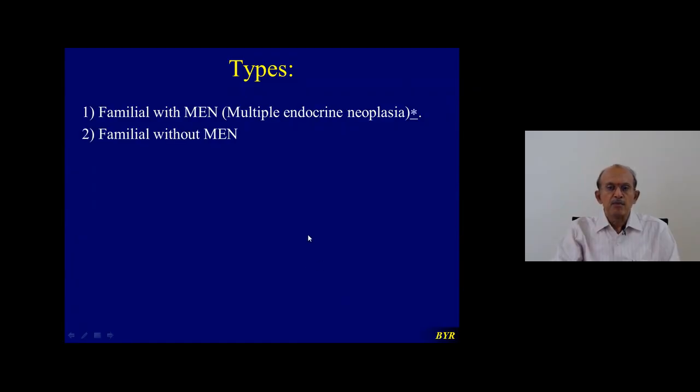Then the second type is familial without multiple endocrine neoplasia. Then non-familial cases, which constitute about 90% of the cases.